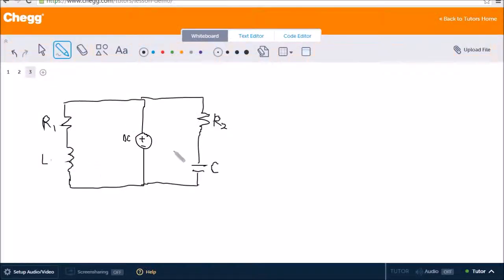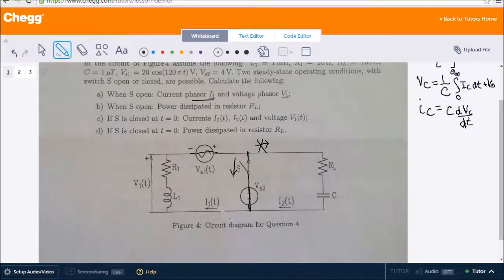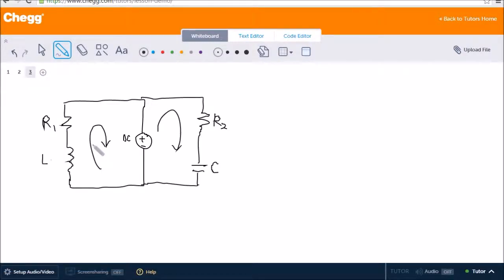So here's what I'm trying to show you. I'm going to draw two currents here, I1 and I2. Essentially, that's exactly what we have, just like they were showing.